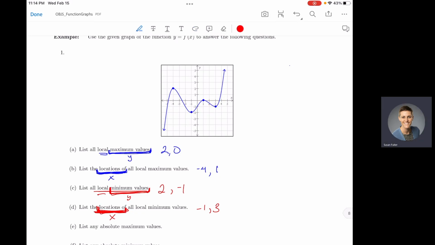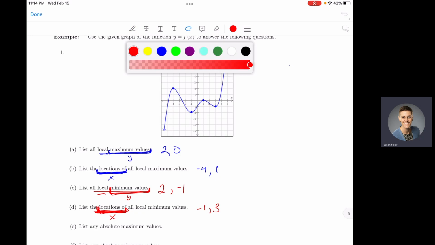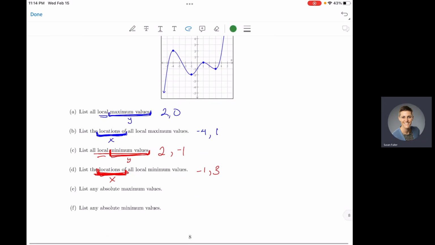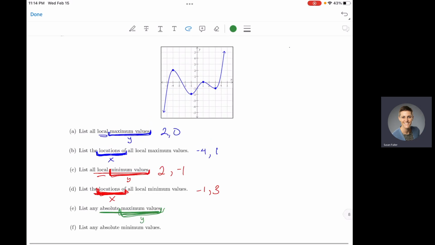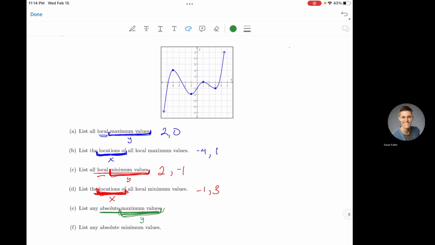And then the very last one here, we'll do our absolute max values. So again, absolute maximum values, it wants a max value, it wants a y value. This is asking for the single largest y value that this function hits.